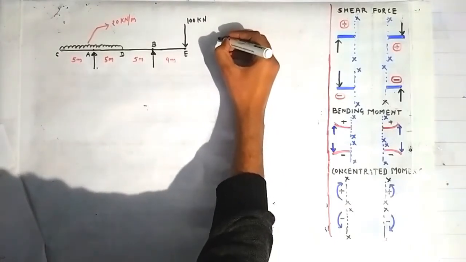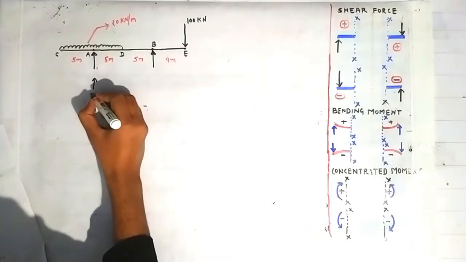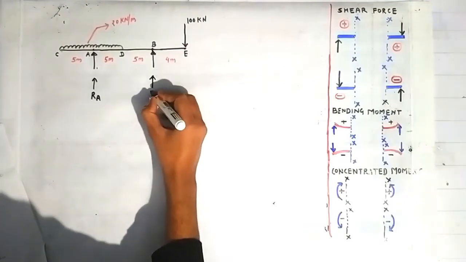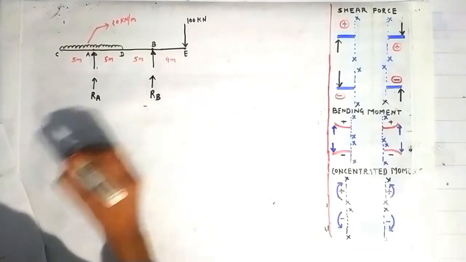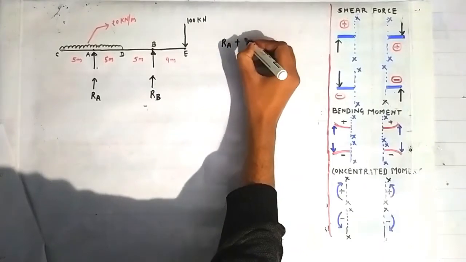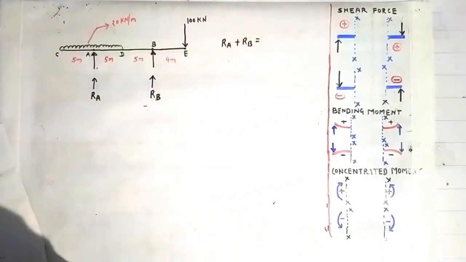So the first step is that we suppose the reaction at the point A is acting in the vertically upward direction, RA, and the reaction at B is also acting in the vertically upward direction, RB. Now we know that RA plus RB is equal to the net vertical load acting over this beam.